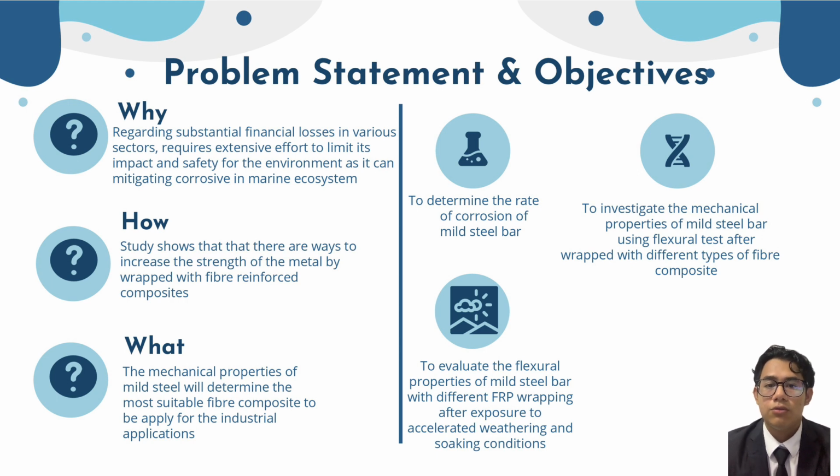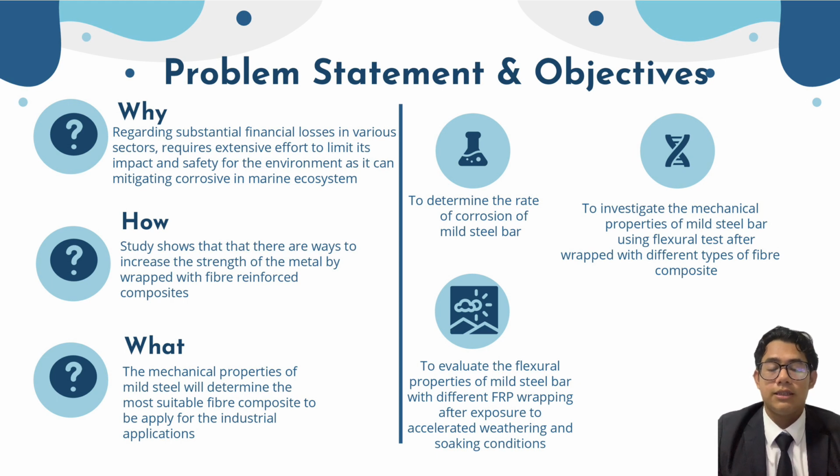And how to solve this problem: various studies show that fiber reinforced composite is one of the methods to enhance the strength of the metal. What is to be observed in this project is the mechanical properties of mild steel that is wrapped with different types of composite fiber, and to determine the material behavior of the wrapped metal bar after various conditioning processes.